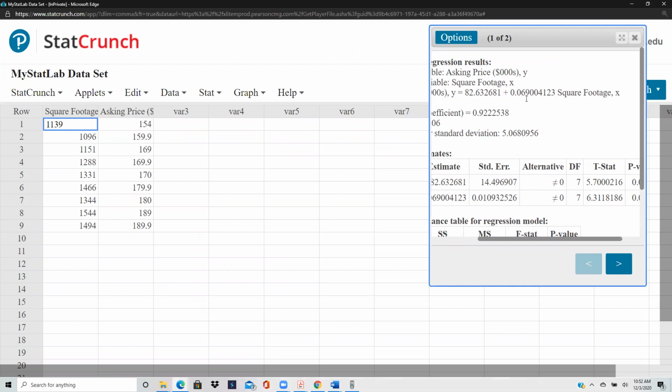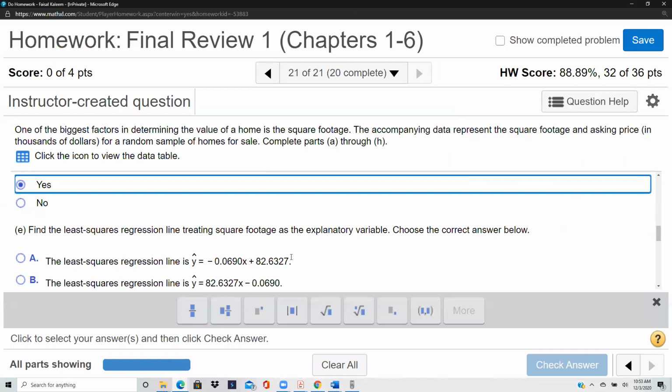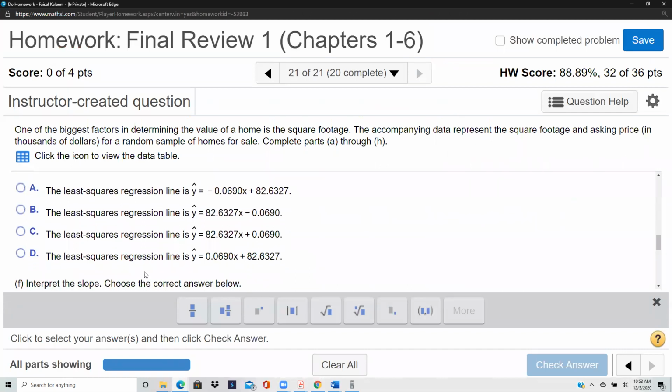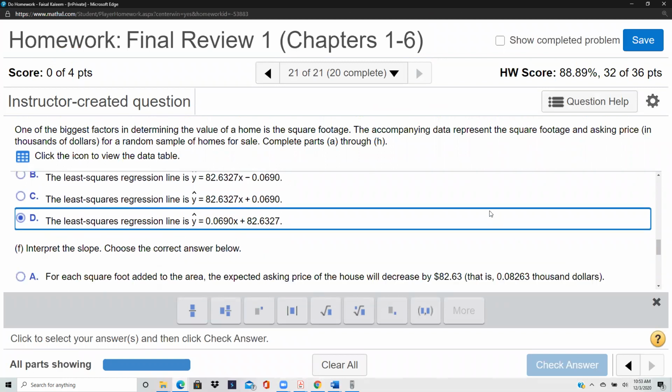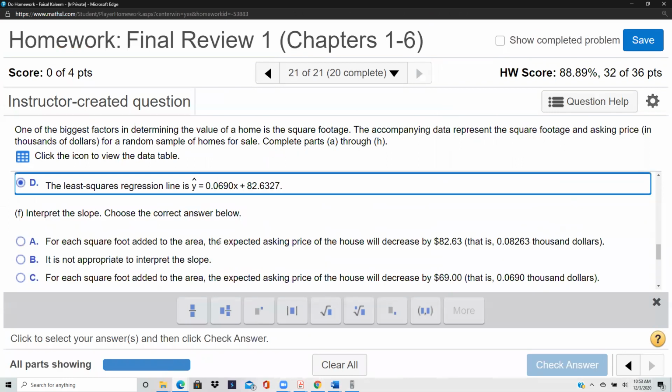So 0.069x plus 82.63. This one. Oh, this one problem has everything. It has the scatter plot, the correlation coefficient, the regression line, and the interpretation. Wow, what an all-in-one problem.